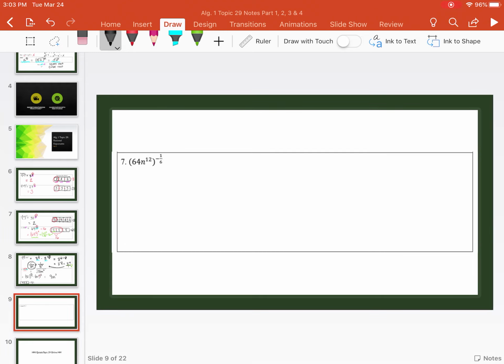Okay, one more problem. Let's try, we got a negative exponent, yes. 64n to the 12th raised to the negative 1/6 power. So another way that we could have seen this be written would be the 6th root of 64n to the 12th, all raised to the negative 1st power.